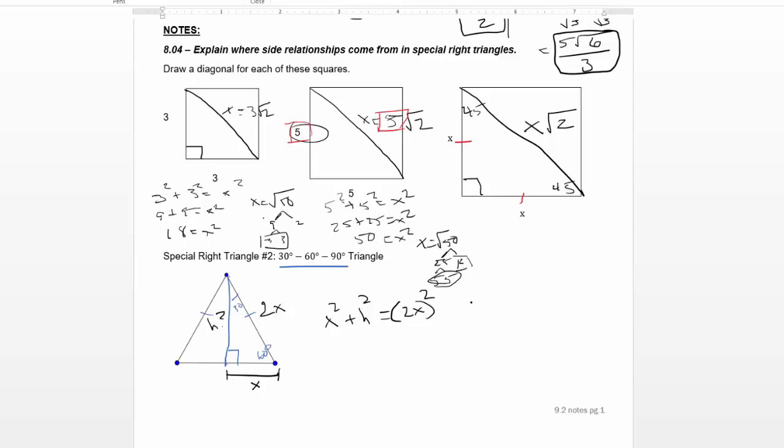Let's see, what can I do to simplify this? 2x squared is 2x times 2x, which is 4 times x squared. And I'm going to get h by itself, so I'm going to subtract off this x squared. I find that h squared is equal to 3 times x squared.